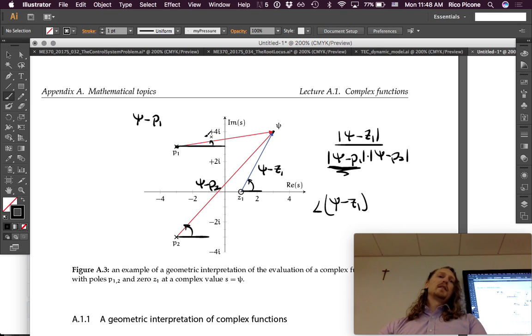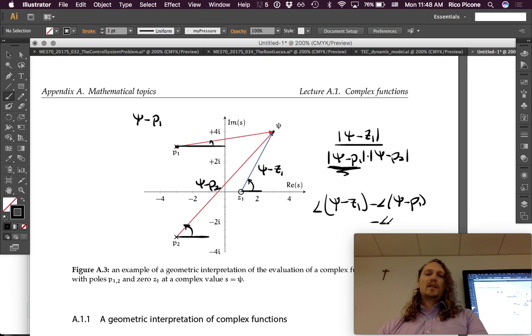You'd have to take the arctangent of the height over the width, or the imaginary over the real, minus the angle of psi minus p1, which is this angle, right?